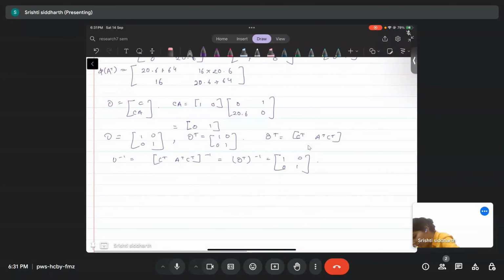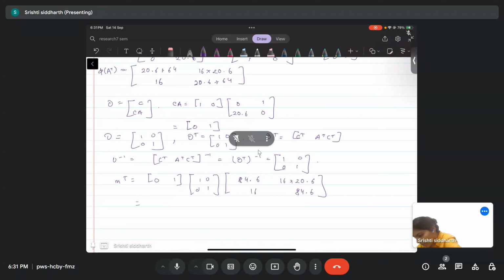M transpose is going to be 0 1, then the identity matrix, and then phi of A transpose. So we have 84.6 here, then we have 16, and then we have 16 times 20.6. So this is simply 16 and 84.6, or the gain factor is actually 16 and 84.6.